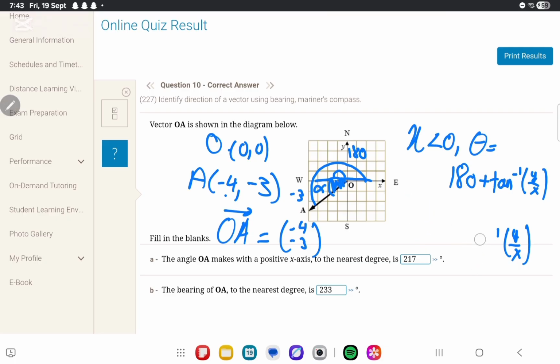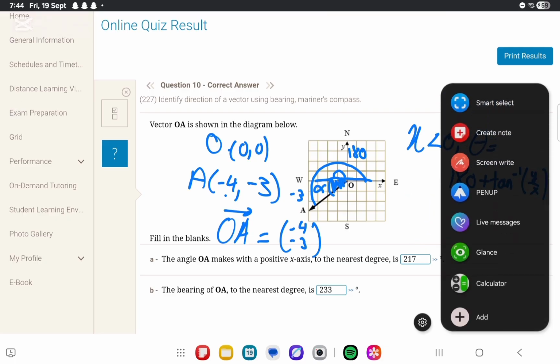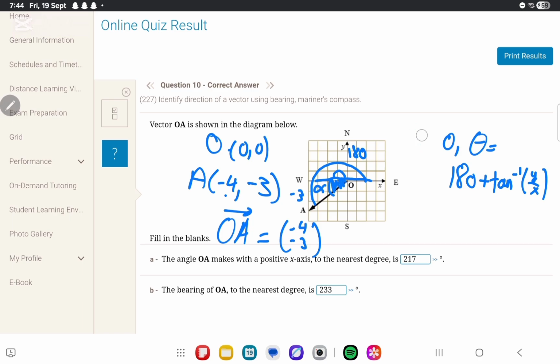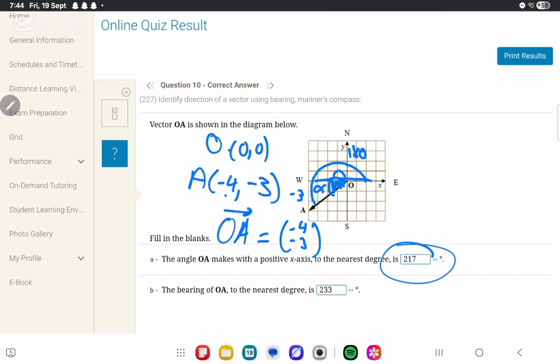Just in case you forget it, you can easily derive it. It's basic trigonometry and angle addition, really. It's not that hard. So now we can just apply the formula. 180 plus tan inverse of negative 3 over negative 4 gives me 217 degrees, which is my answer. So all of this here is 217 degrees.